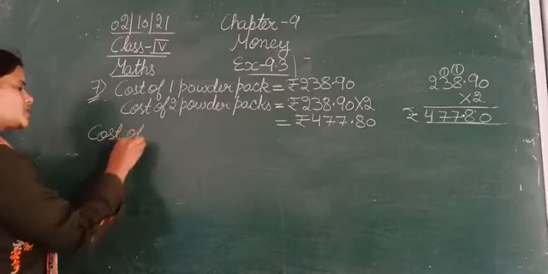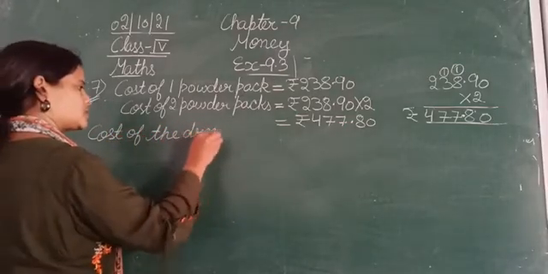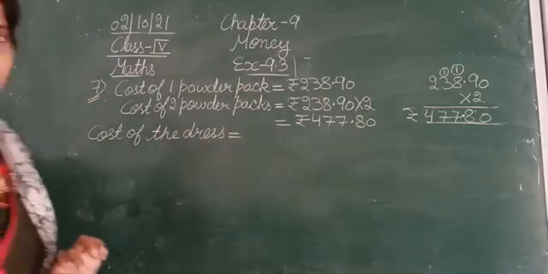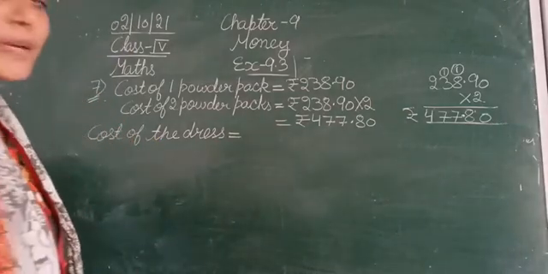Next, she has purchased a dress. The cost of the dress that is purchased by her is 578 rupees 50 paisa.